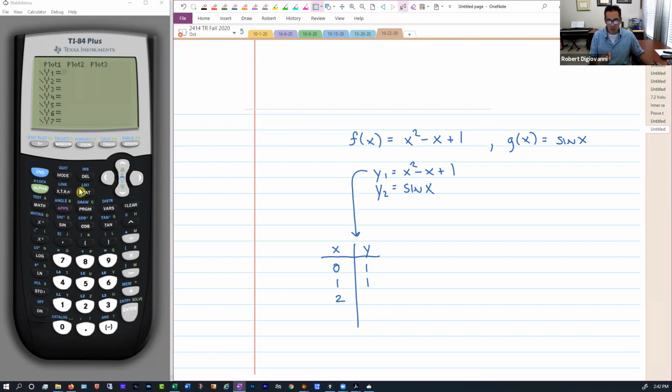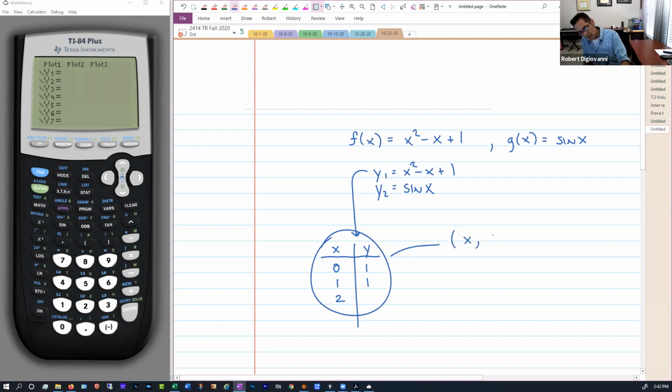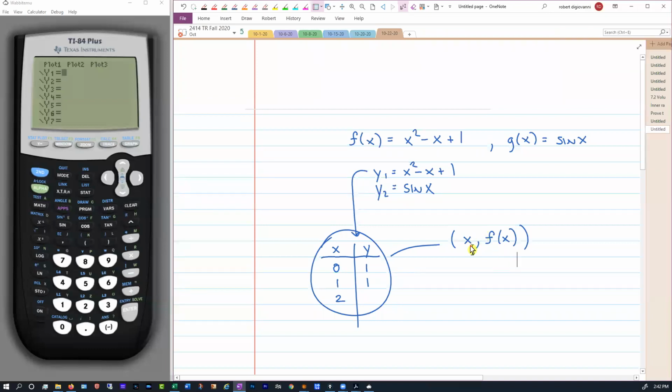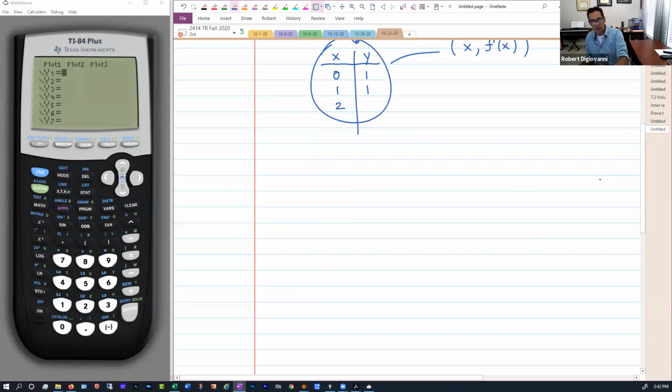I want you to look at this in a slightly different manner. All of these points are just the points where X got plugged in and then the function's value got spit out, right? So this value here depended on that X, yes? Value depends on this X. I want you to think of something completely different.